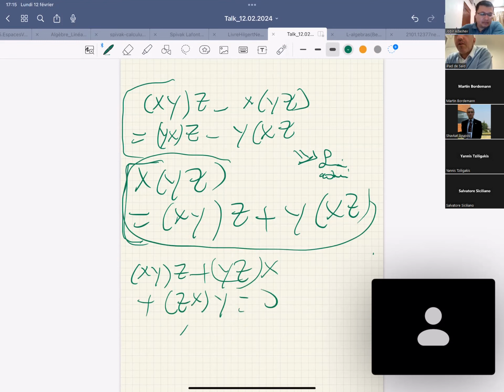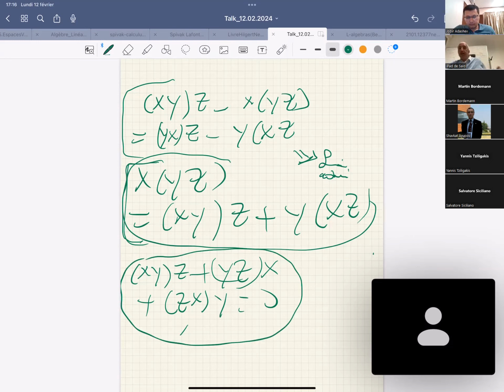If you have a left Leibniz Lie admissible, then we have this new identity. I think we can prove something, but I don't know.